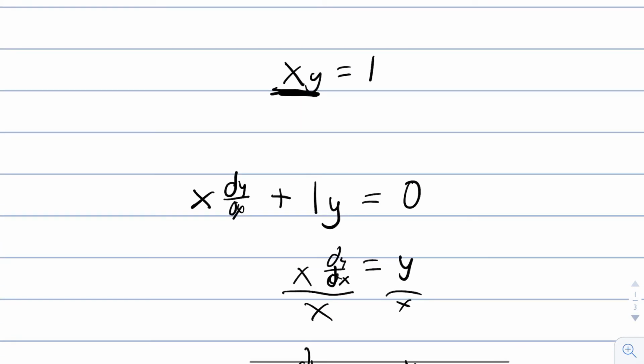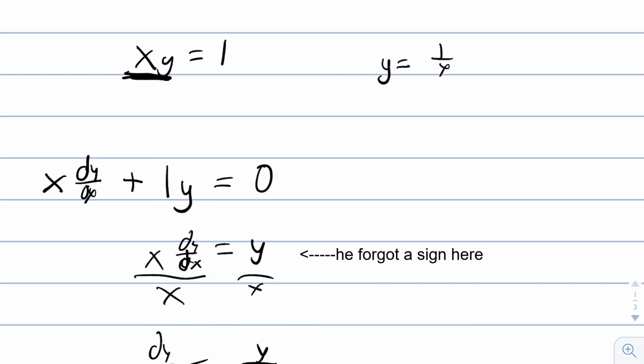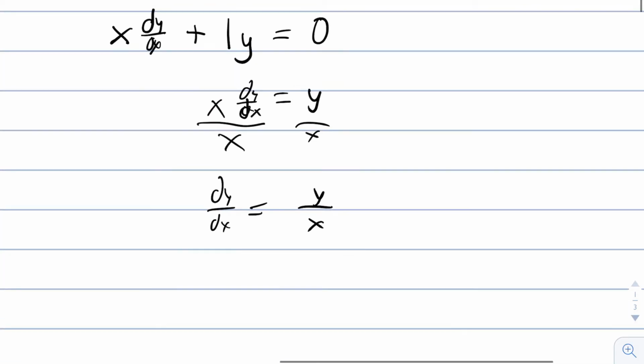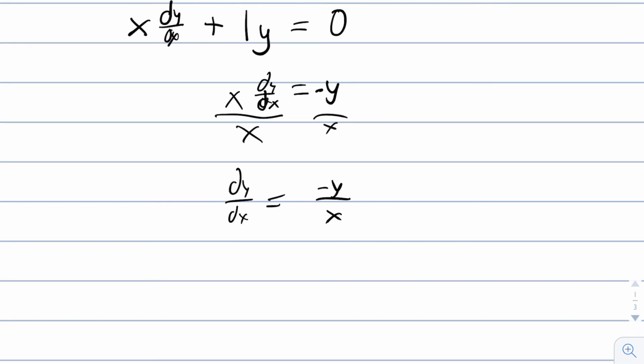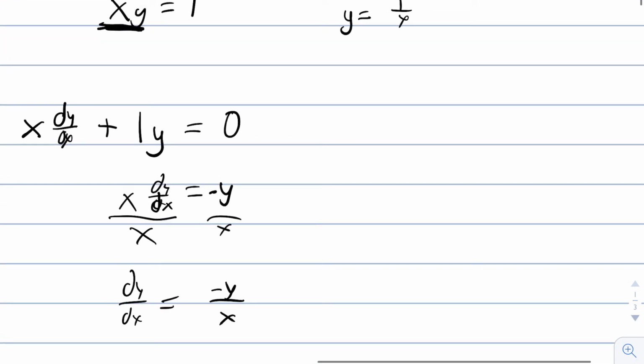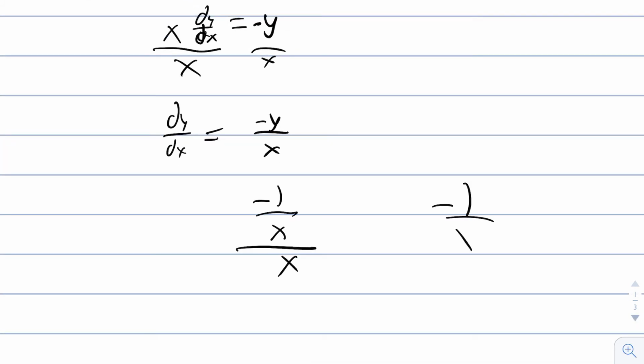Now recall that, if we juggle this a little bit more, we get y equals 1 over x. And that's supposed to be a negative y, by the way. So negative y over x, and if we substitute y equals 1 over x for this, we get -1 over x, and we get -1 over x squared anyways.